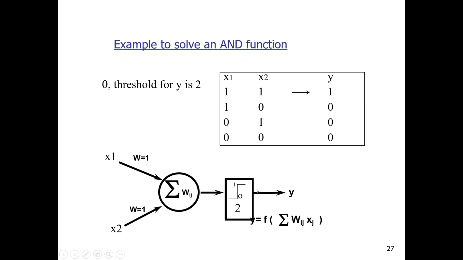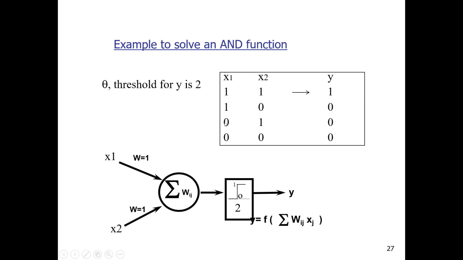So we can test now whether the predicted output is equivalent to the desired or target output. We start with the first data, x1 is 1, x2 is 1. 1 multiplied by 1 plus 1 multiplied by 1 equals 2. 2 is equal to the threshold of 2, therefore the output is 1. So it's correct. How about the second data? 1 multiplied by 1 plus 0 multiplied by 1 equals 1. 1 is less than 2, so the output is 0.